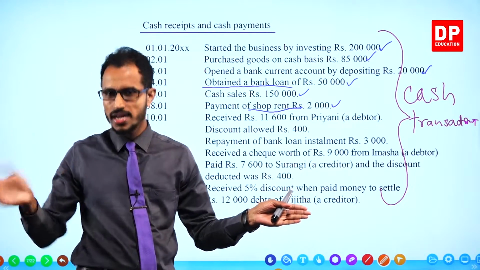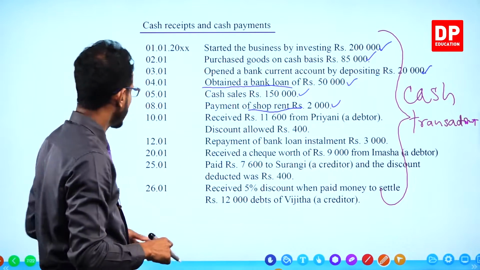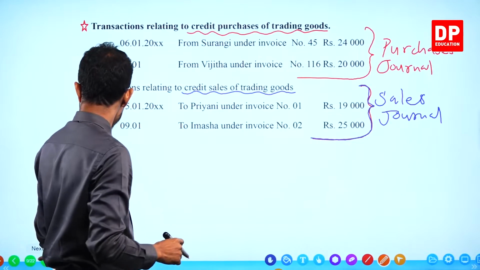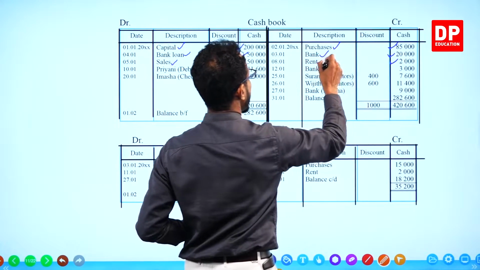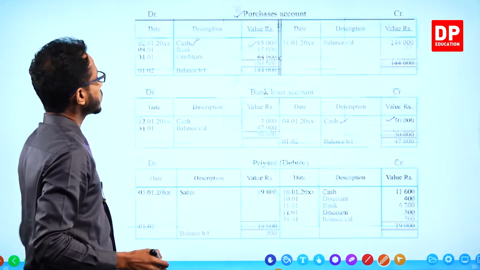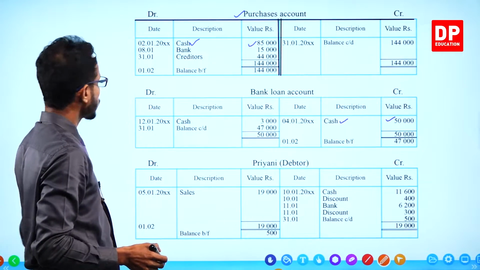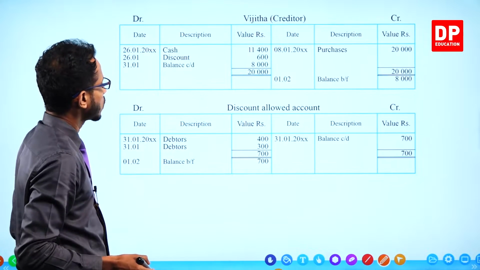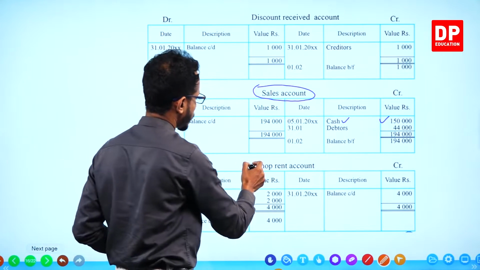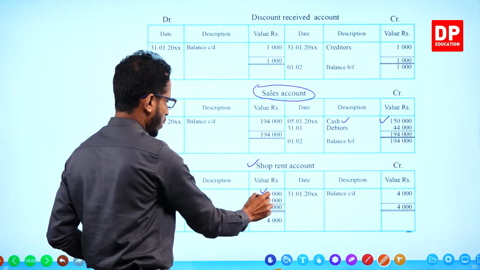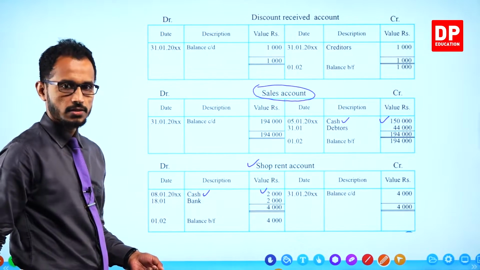That is rent account, 2,000. Where is the cash book? Credit side 2,000. It's there. Where is the rent account? Should be debited. It should be here. Yes, it is here. 2,000 debited.